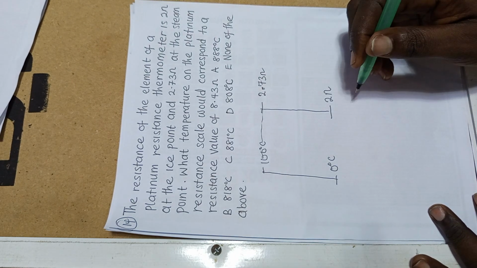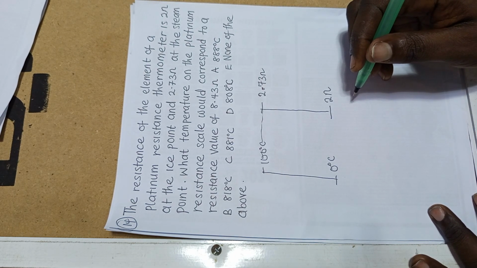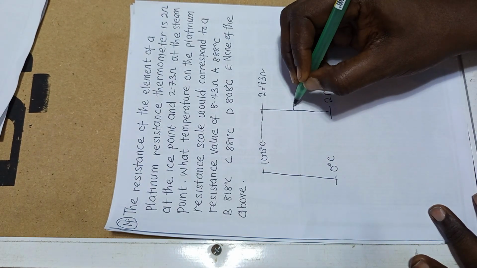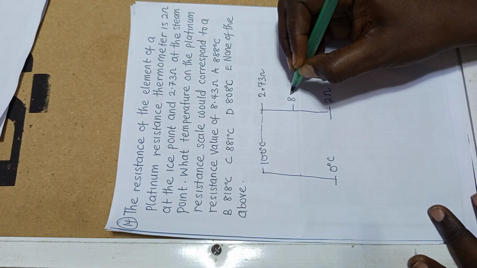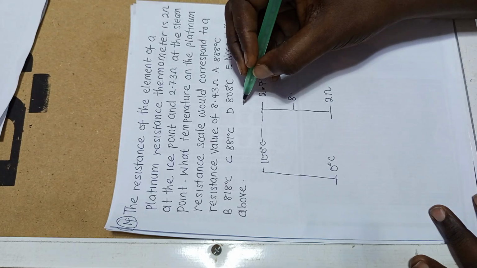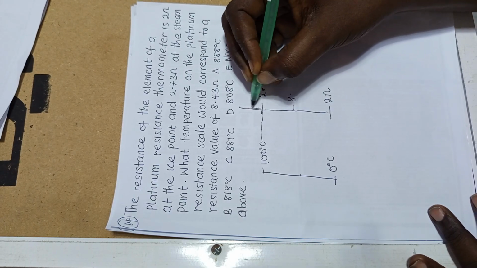So what is the temperature on the platinum resistance scale that corresponds to a resistance value of 8.43 ohms?